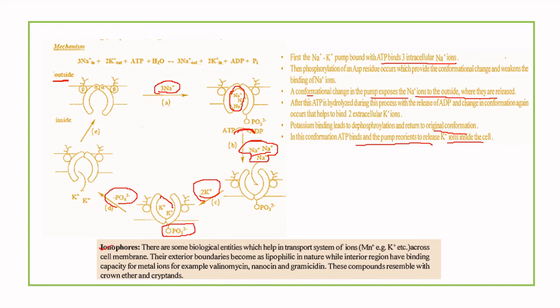And the last point that we are going to discuss is ionophores. Ionophores are biological entities which help in the transport of ions, sodium, potassium, etc., across the cell membrane.